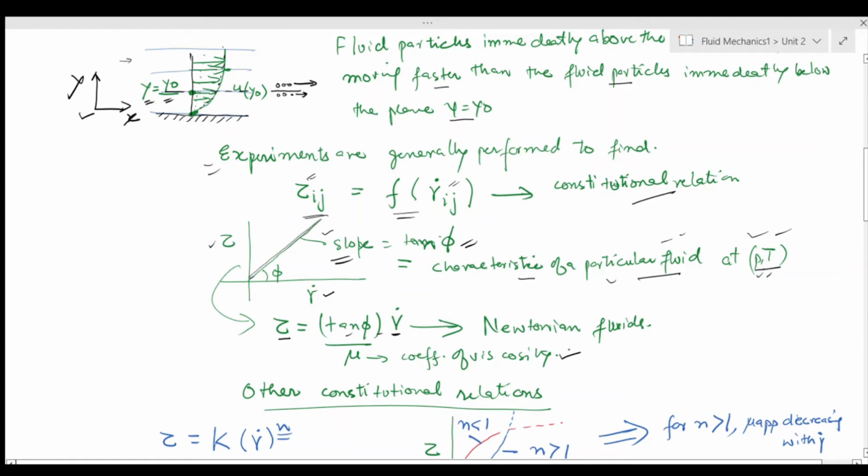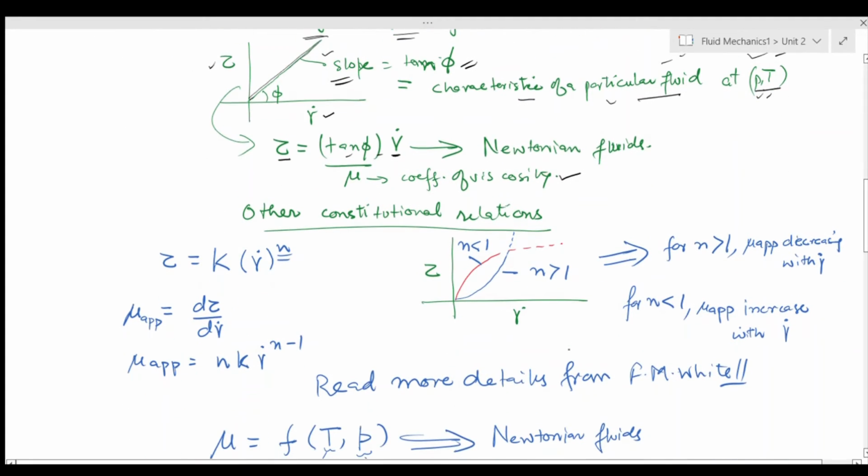Now this is for Newtonian fluids. There are other constitutive relations also. In general, if I look at a relationship between stress and strain rate, I can have either a straight line, that is for Newtonian fluids, where n is equal to 1.